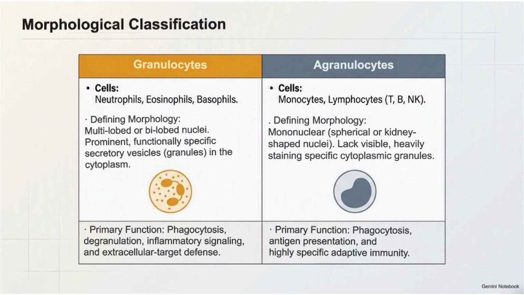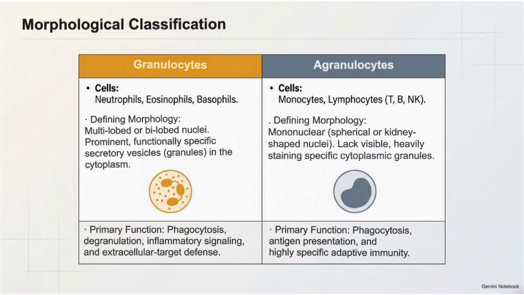But here's the important part. These morphological differences aren't just useful for identifying cells on an exam. Structure and function are always connected. Granules contain molecules that can be released or deployed during immune responses.